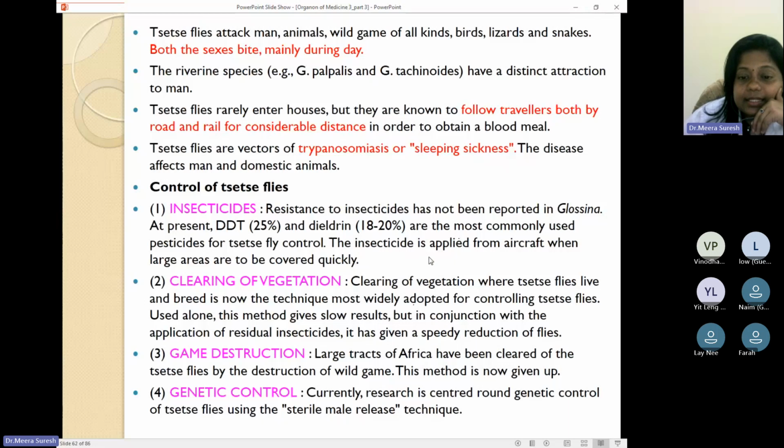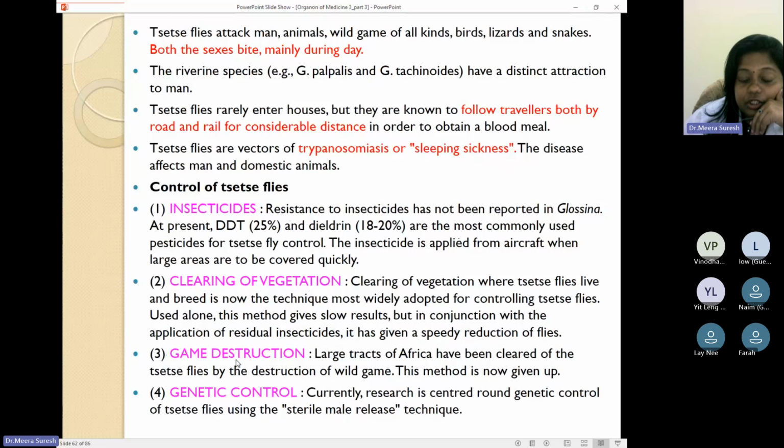The insecticide is applied from aircraft when large areas are to be covered quickly. Then clearing of vegetation. Clearing of vegetation where tsetse flies live and breed is now the technique most widely adopted for controlling them. Used alone, this method gives slow results, so it is better to use it with other methods, especially insecticides, to give a speedy reduction of the flies.